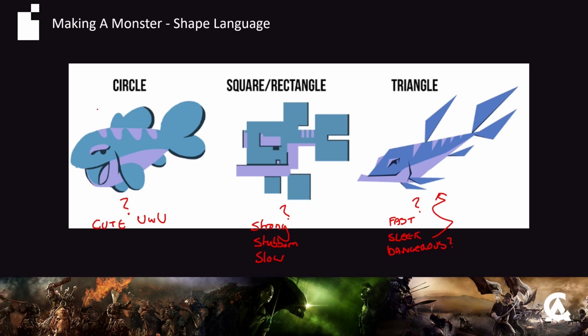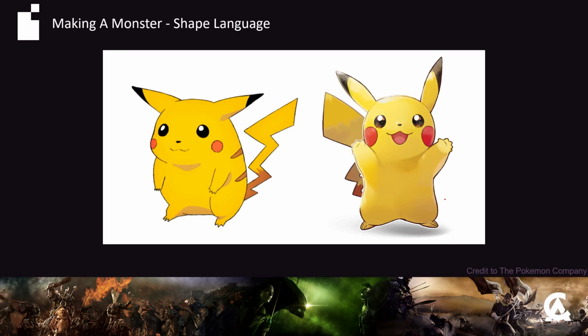So your primary read, your silhouette, matters. A great example: this Pikachu from 400 BC is very, there's not a lot of rhythm in his design, and there's a lot of right angles, not a lot of balance. This one has better proportions and uses softer shapes. Look at the ears here. There's a triangle, but these ones have a slight curve.